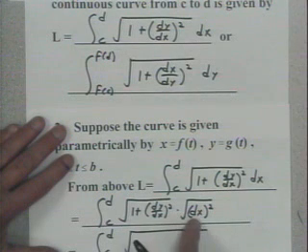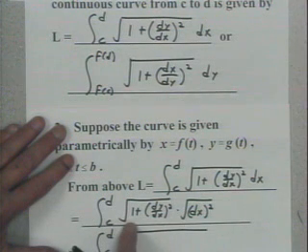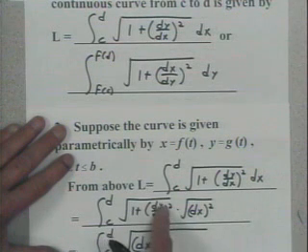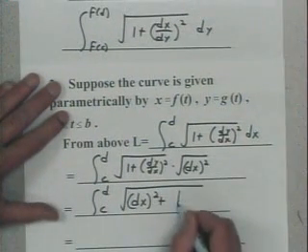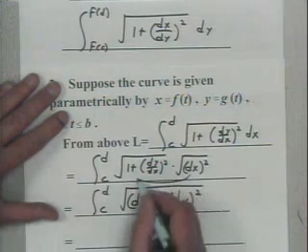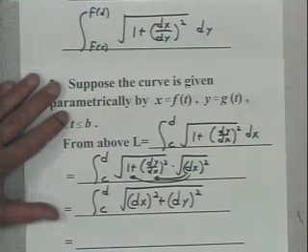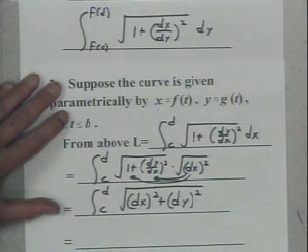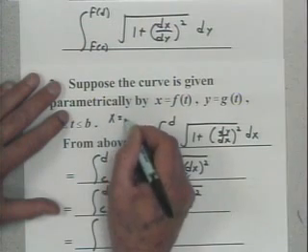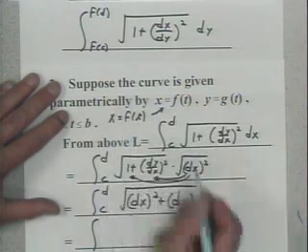If I bring it inside the radical, you've got to distribute it. What is dx squared times 1? What is dx squared times dy over dx squared? So if I distribute that, we end up here. The reason I wanted to do that was dx, well, isn't x equal to f of t right there?